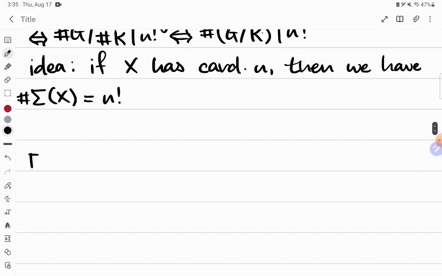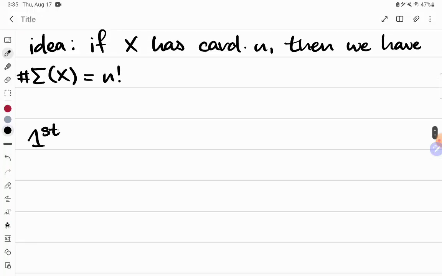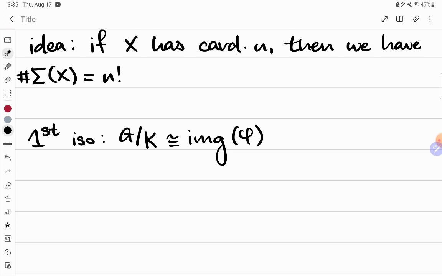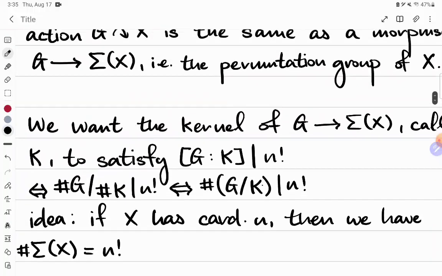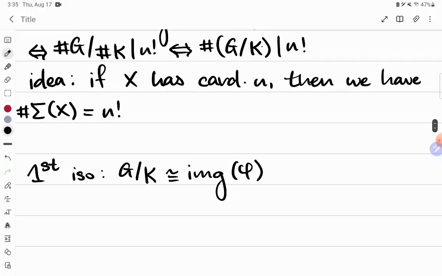Because the first isomorphism theorem, right, is that G mod K is isomorphic to the image of this morphism, which I'll call phi. I know I didn't call it phi earlier, but I'll call this phi now.